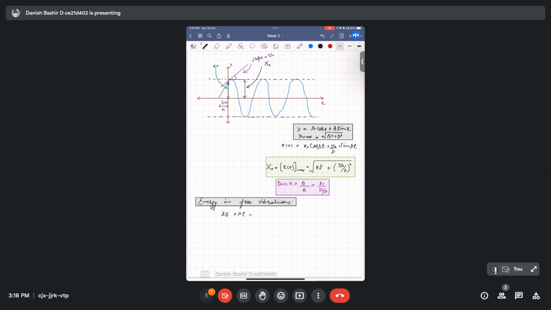It's a total energy, and it will always remain constant. Kinetic energy will be changed into potential energy, and potential energy will be changed into kinetic energy. Kinetic energy is 1 half of m x dot square, and potential energy is the strain energy in the spring, 1 half of k x square. The total is constant.